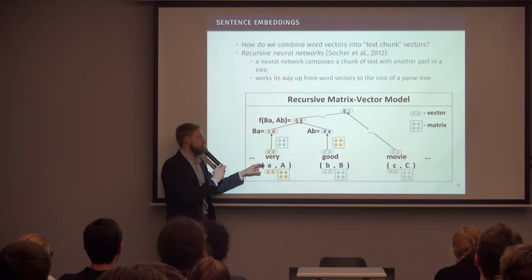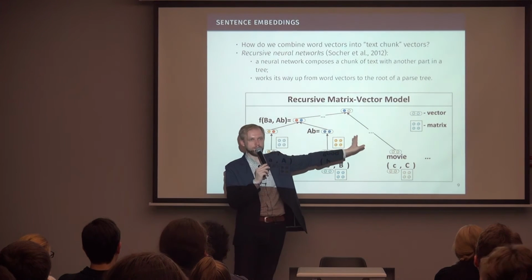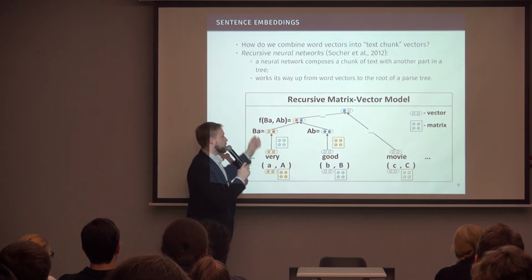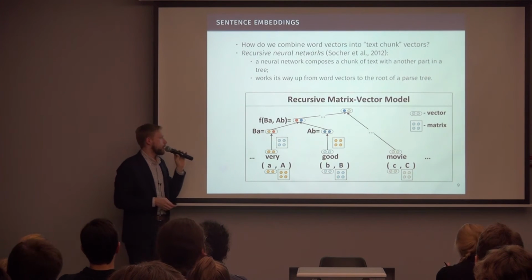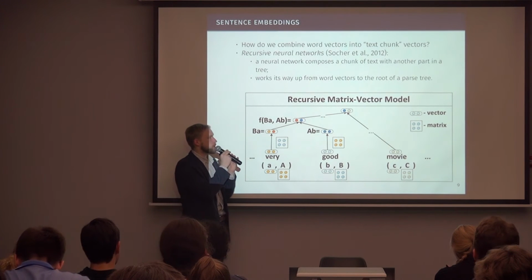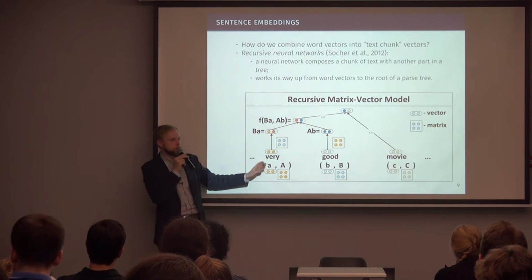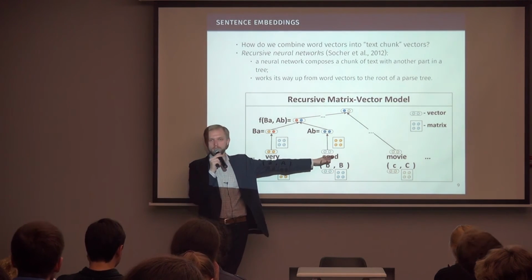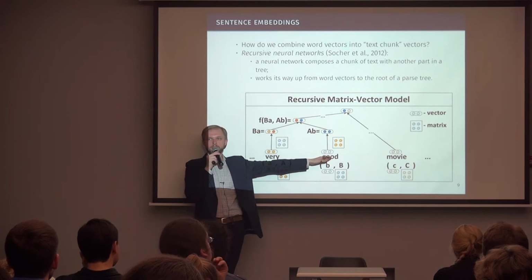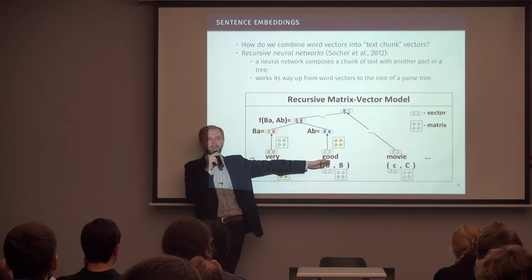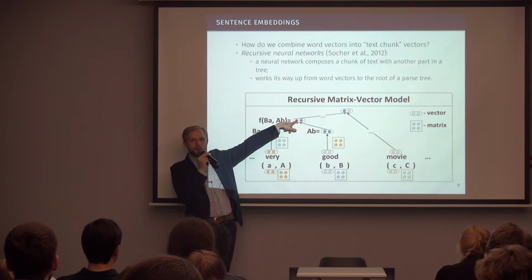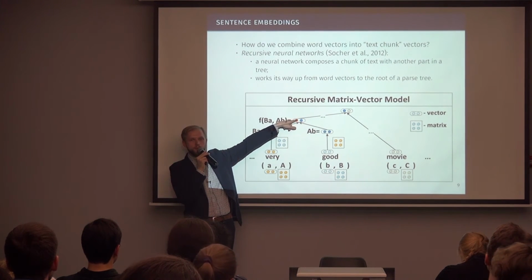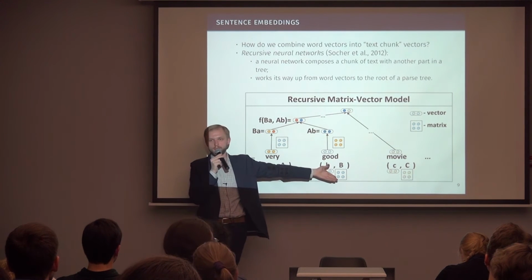So we know how these words go together. We know which word depends on which word. Then we can do the following operation. We can take, say, two immediately neighboring leaves in this tree and compose a vector for the node above them from the vectors of the words.